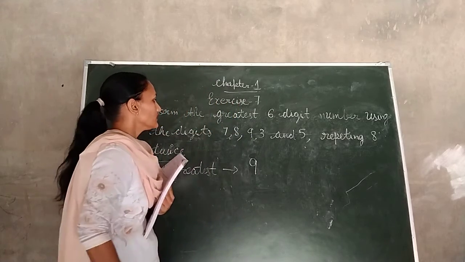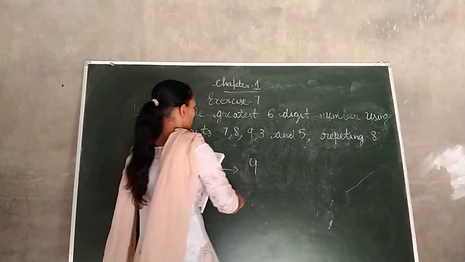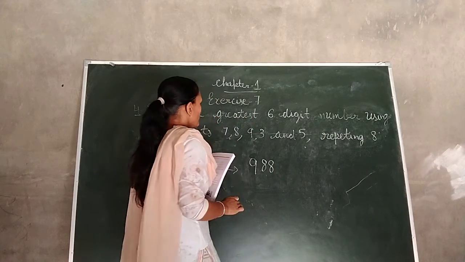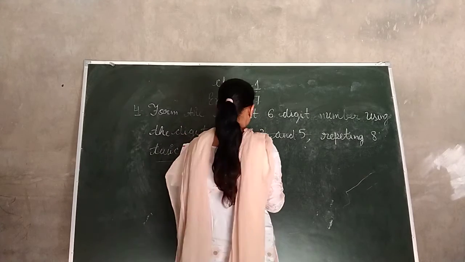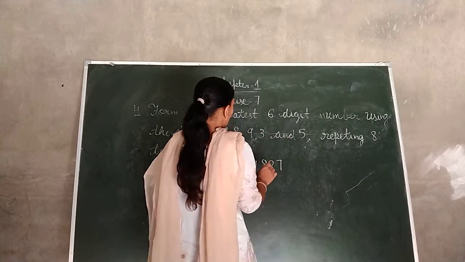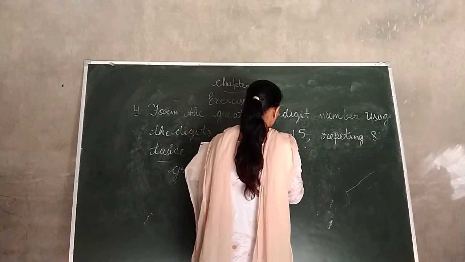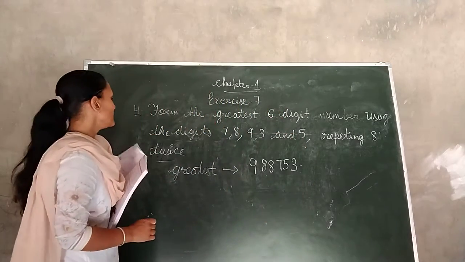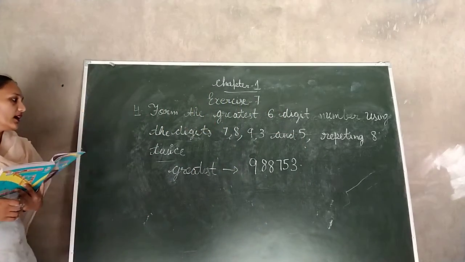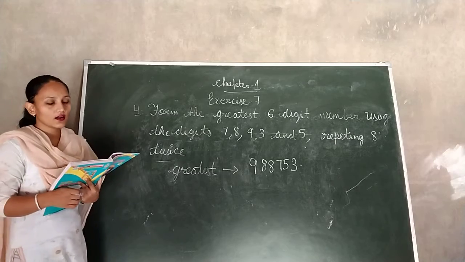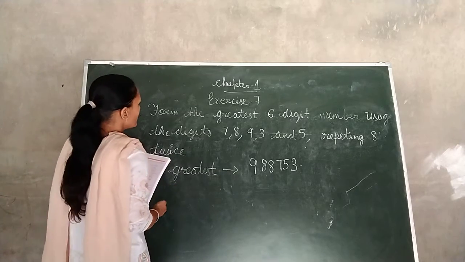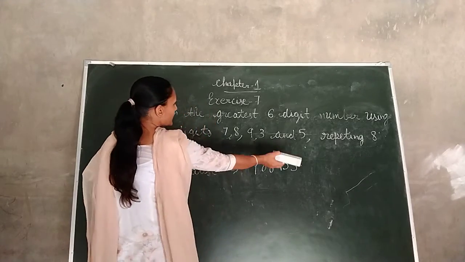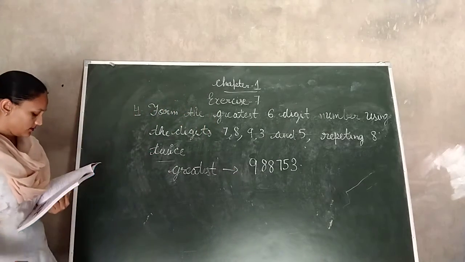Next, which is the greatest digit? 8. And what is given in the question? That we have to write it 2 times. Next, which is the greatest? 7. Next, 5. Next, 3. So this is 988,753. This is the greatest number by using these digits and repeating 8 twice.